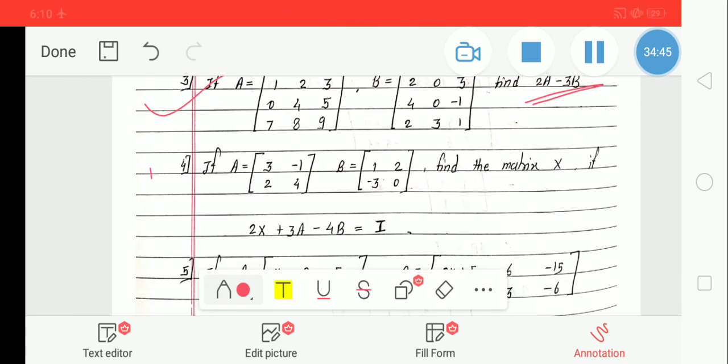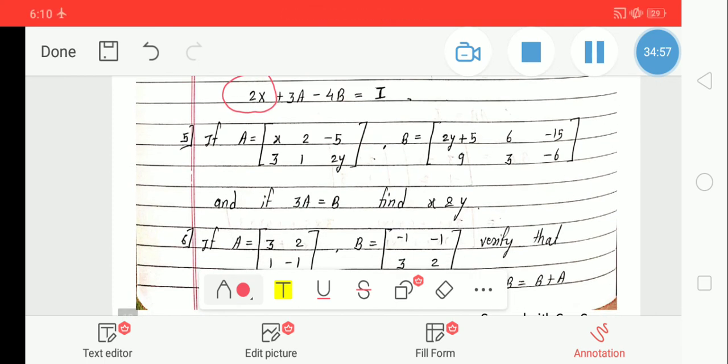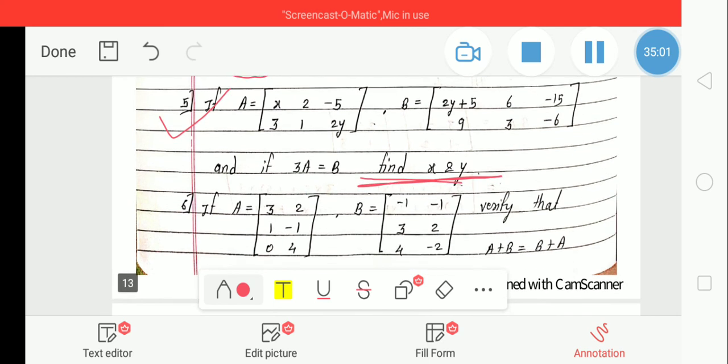Now in the fourth example we find the matrix X. And in the fifth example, finding X and Y, the value of X and Y.